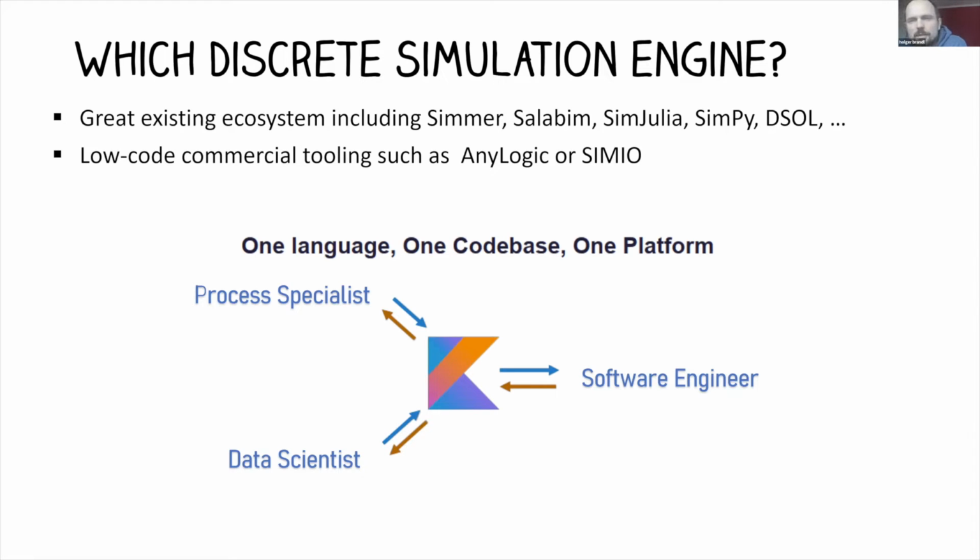But what I missed at the time was really some platform, some framework, where it's not just the process specialist who can work with it, but where we can also onboard easily and use the expertise of software engineers and of data scientists.